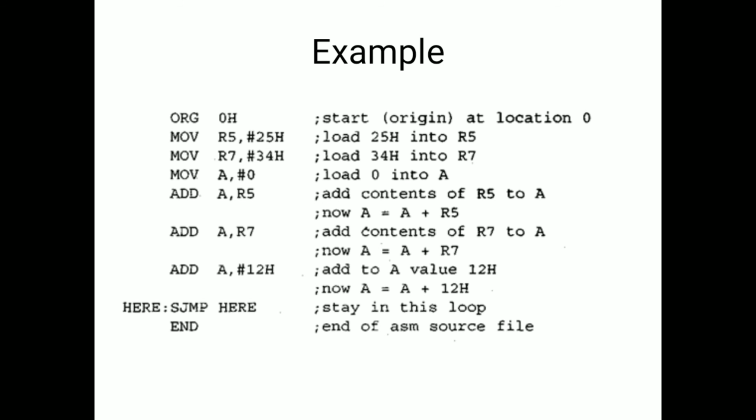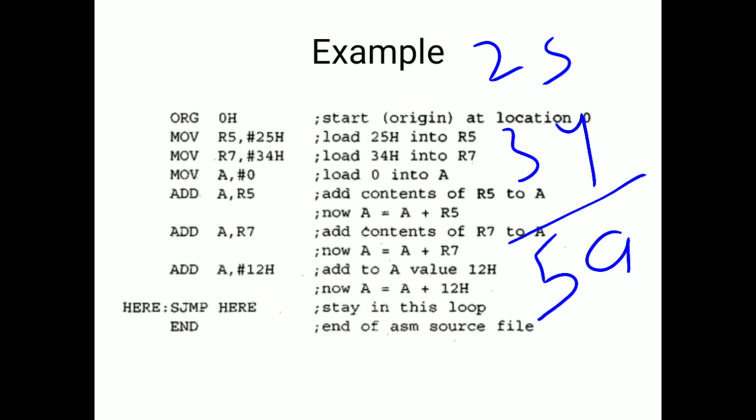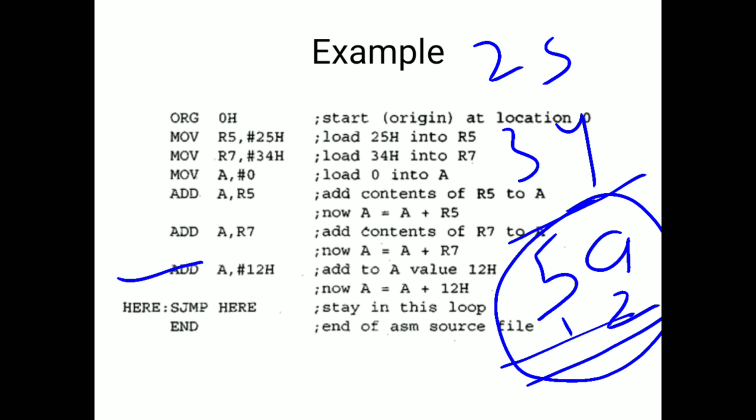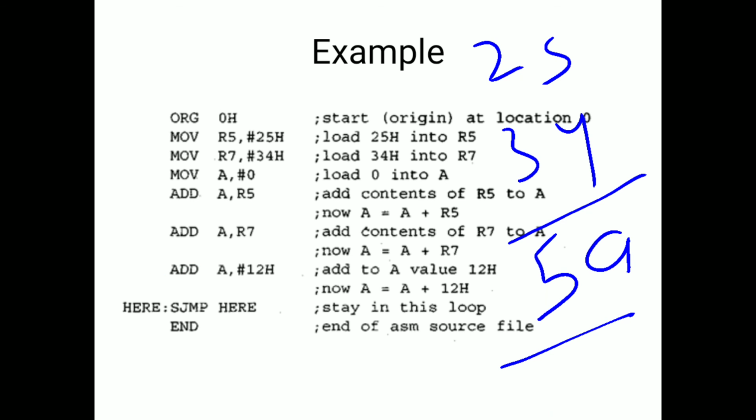The accumulator value is now 25 plus 34, which means 59. In the next instruction we are adding 12H data again, and this addition will be stored in the accumulator.